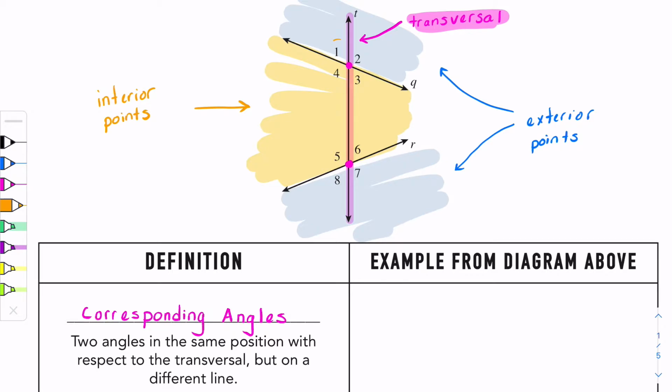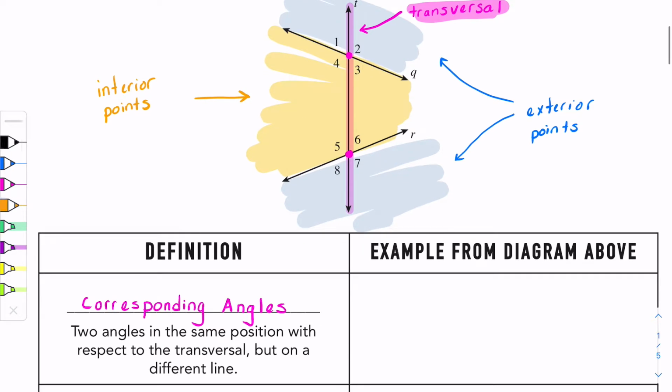So for example, angle 1 is above line Q and to the left of line T. Angle 5 is in the same location, and when I say the same location, it is above line R and to the left of line T. That's how you know they are in the same location.